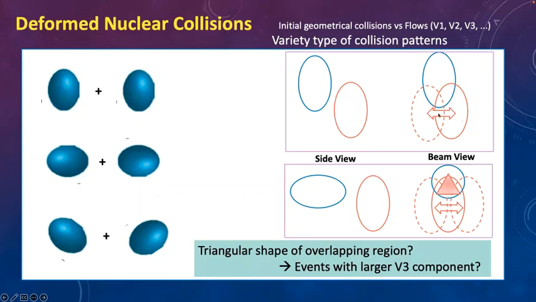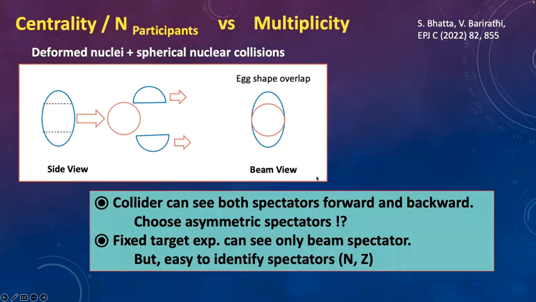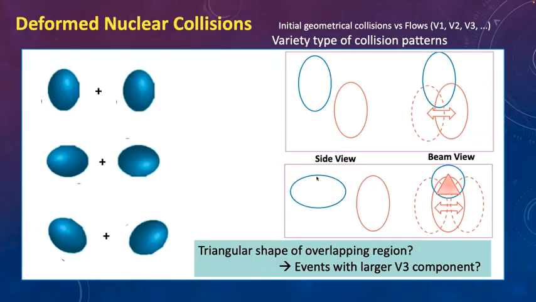Or if it's the opposite way, this way. At the side view, we have this round shape, and the deformed collision area is somewhere here, and there are some funny overlap regions.